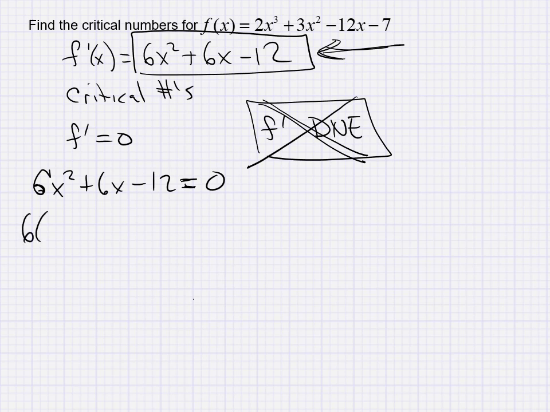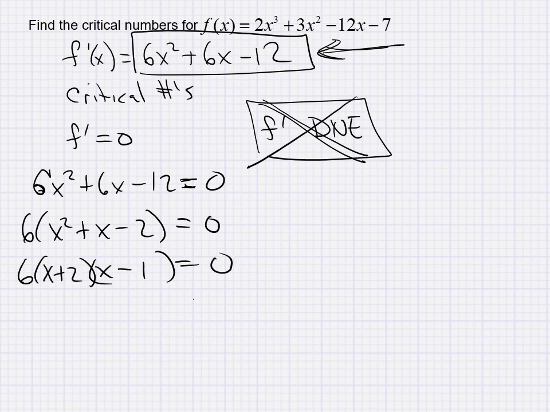I'll factor out a 6. I'm left with x squared plus x minus 2. If I can factor it more, I will, which would be x plus 2, x minus 1. And now I see that this will equal 0 when x equals negative 2 or when x equals 1.